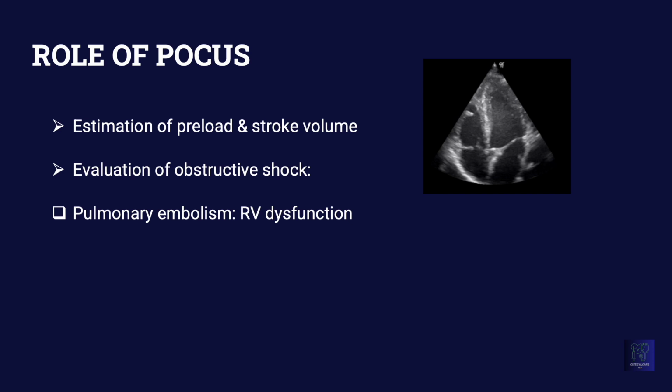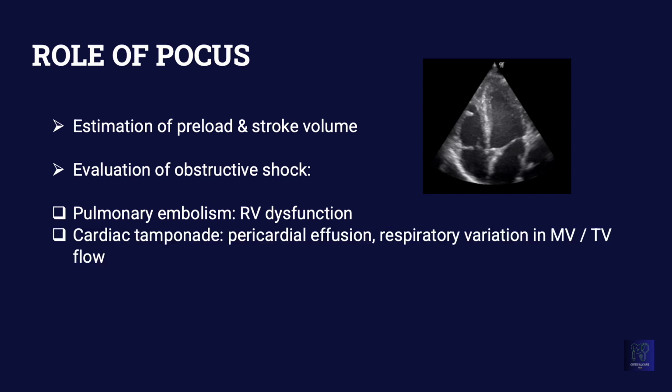There are other reasons beyond PE for RV dysfunction, so it is not very specific. But when the RV is normal, that's where this can be useful. For example, you have a patient who is in shock and you look at their RV with POCUS and it's looking normal, then the cause of shock being PE is very, very unlikely.